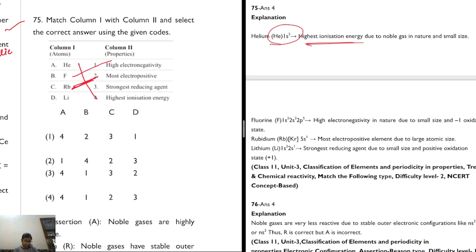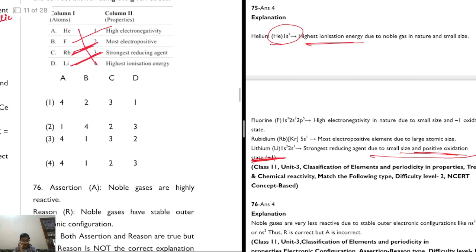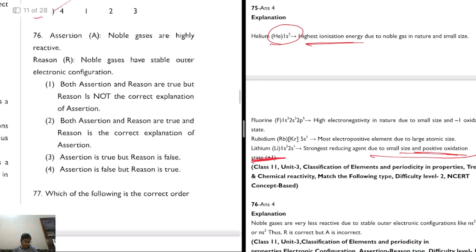It comes even after potassium. And then we have lithium. It is the strongest reducing agent because it is smaller in size and has a positive oxidation state. So it will act as a stronger reducing agent. It will oxidize itself first. So the correct answer is this. Let's see the next question.